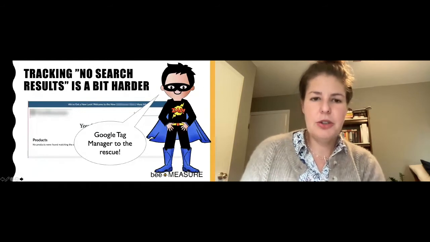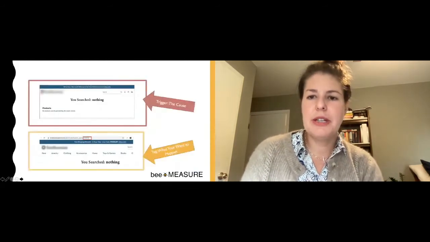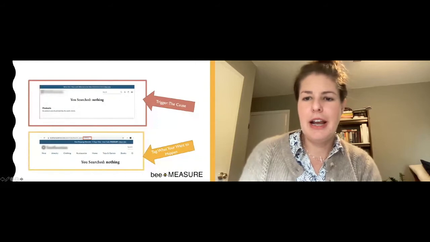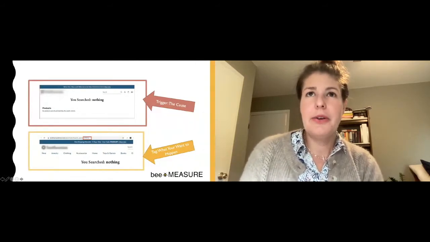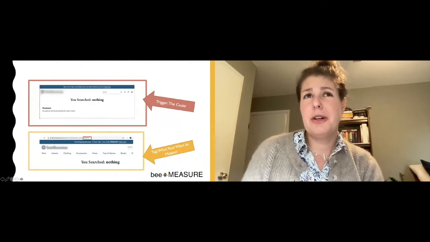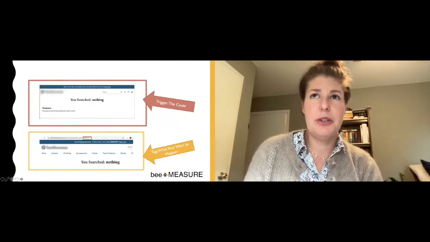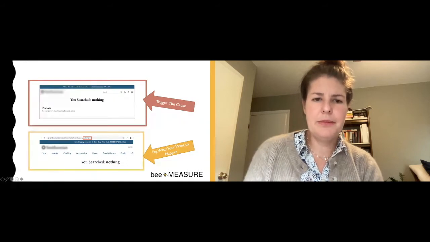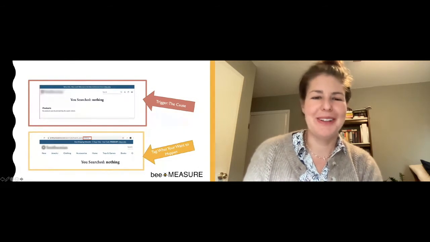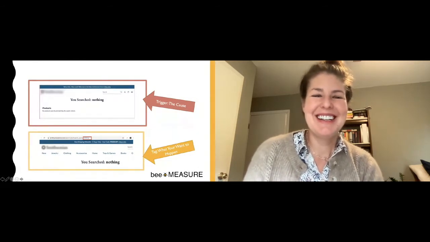So for this, you need Google Tag Manager, and you need to create a trigger and a tag. I think a lot of you are pretty familiar with it, right? You can use the visibility trigger to look for this message, like when I searched for nothing. Sorry, this is a little confusing, I realize.